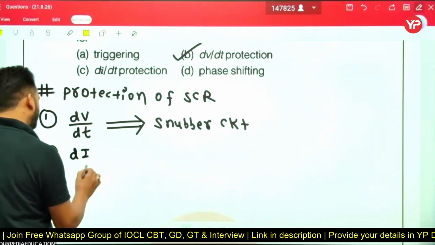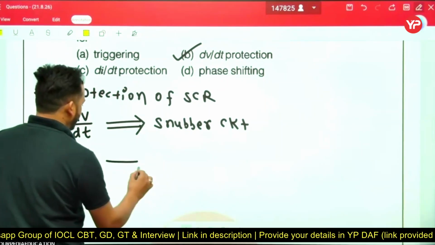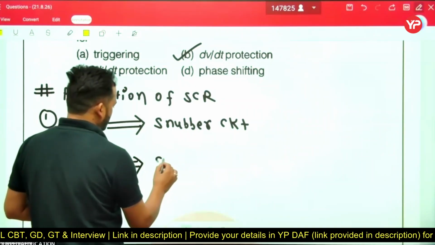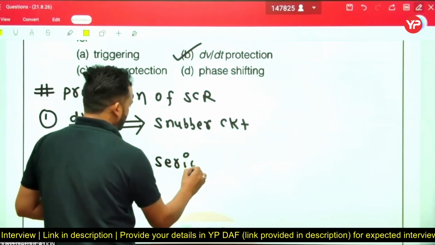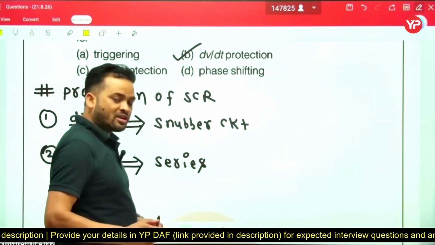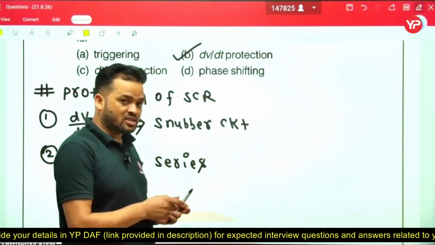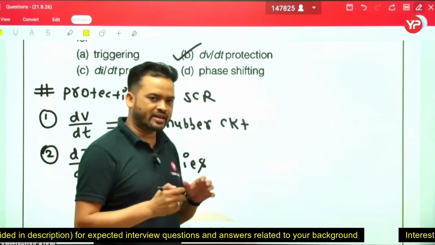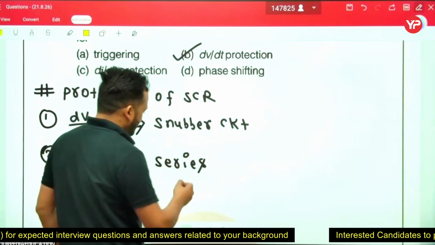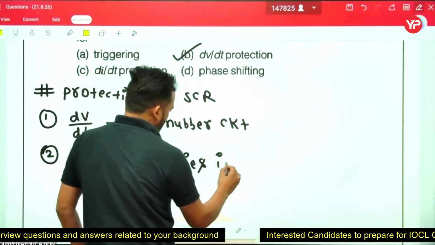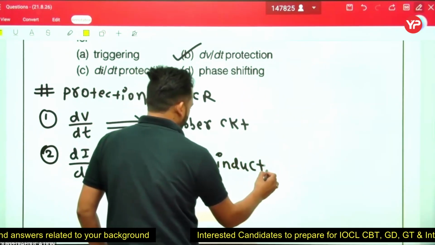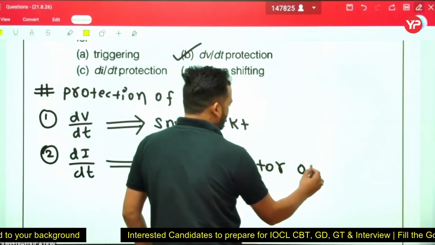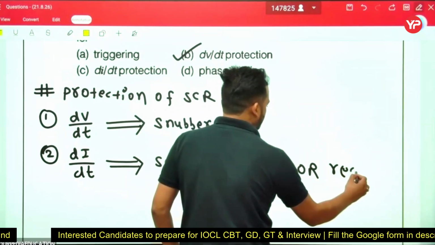Next, dI by dt. For dI by dt protection we use a series inductor. Why do we call it series? Because we connect the inductor in series with the SCR. We call it a series inductor, or we can say reactor. Both are the same thing.